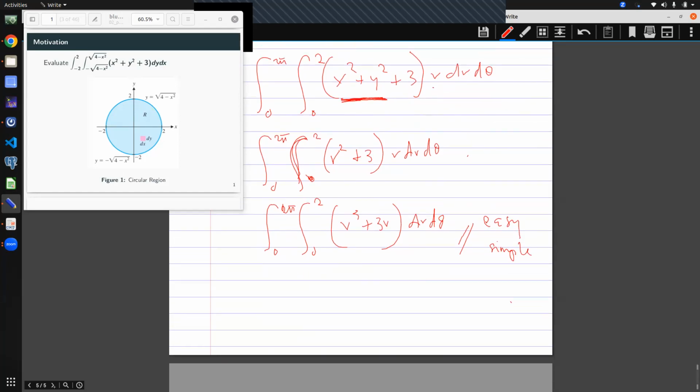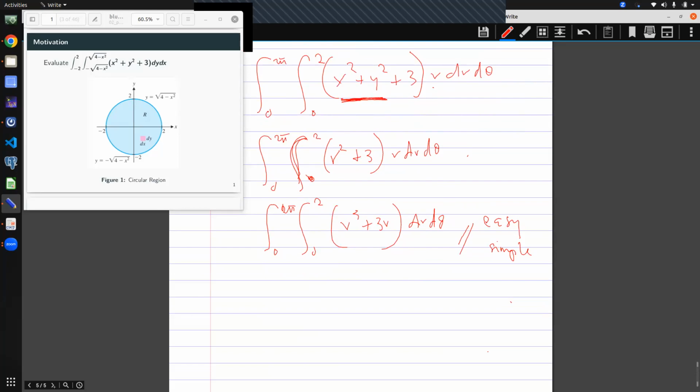So I did a conversion from negative 2 to 2 to 0 to 2 pi, 0 to 2, r cubed plus 3r dr d theta.